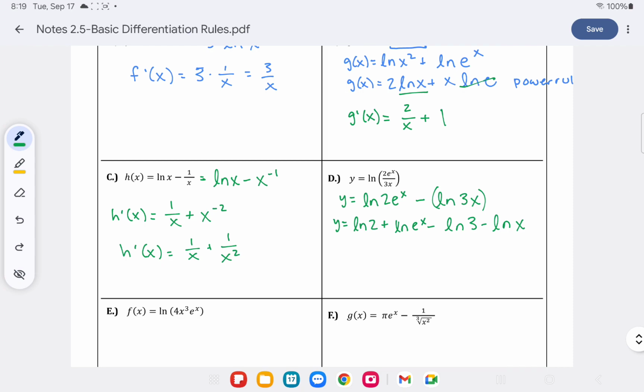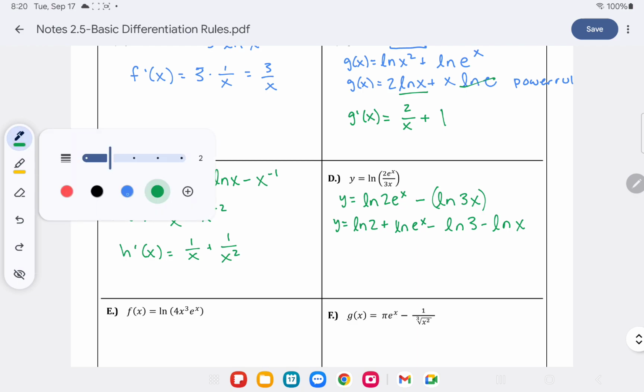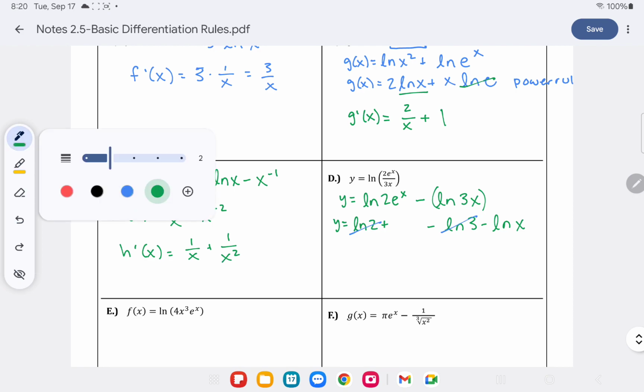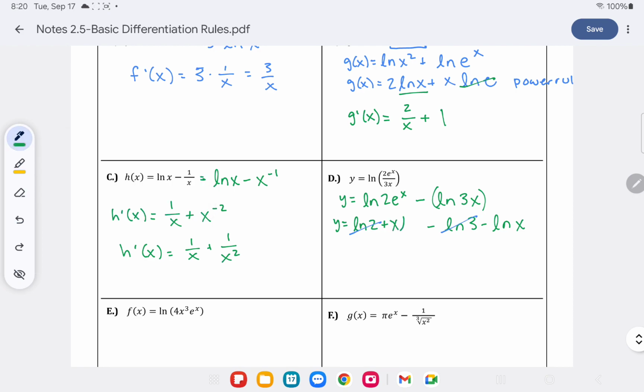But now we're going to calculate each one of these. So ln of 2, that's just a constant, and the derivative of a constant is 0. So we have 0. Same with ln of 3. Ln of e to the x, I probably should have written that using the power rule. I can rewrite that as x ln of e.